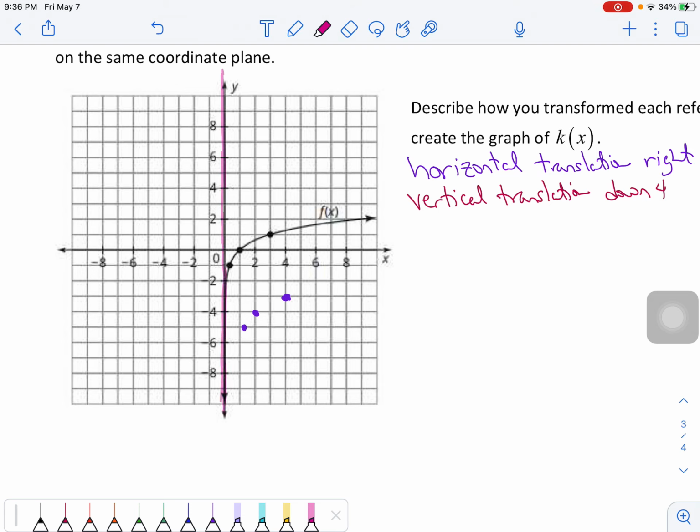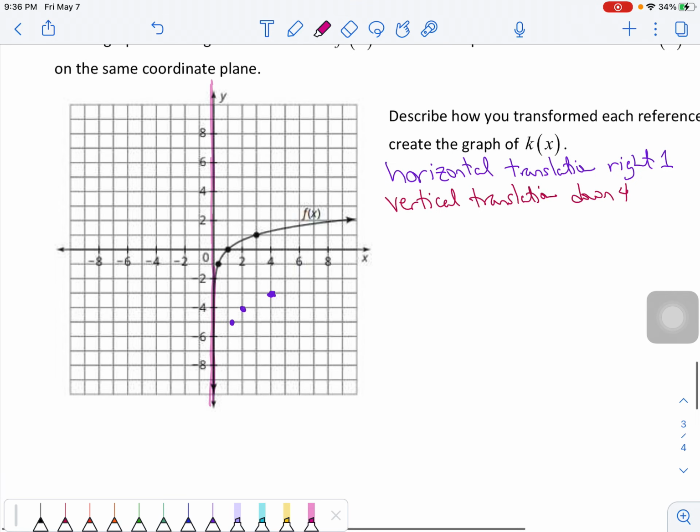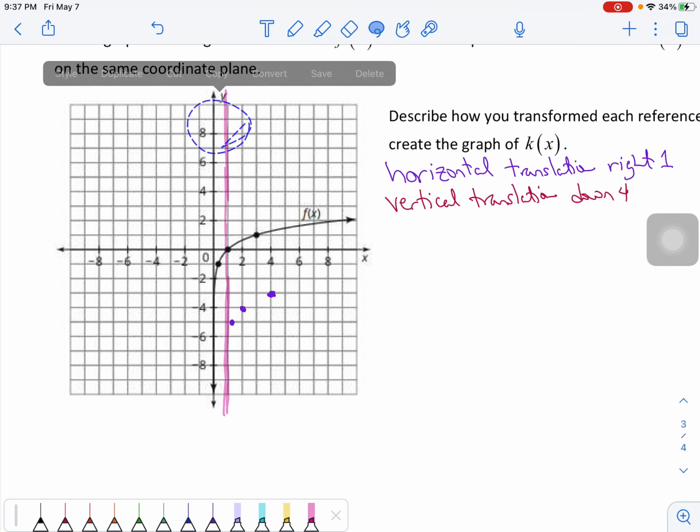Okay? But we've moved our graph. We have shifted it. Now, the horizontal shift is the one that matters. Shifting down, it doesn't matter. You could shift down or up, and that won't change that vertical asymptote. But shifting to the right 1 means that we're going to take this asymptote, I looped it so I can move it, and I'm going to move it to the right 1 unit.